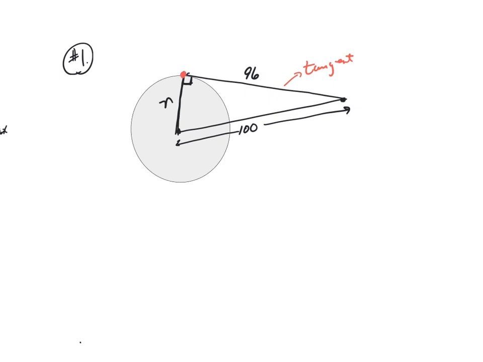So the radius and the tangent are drawn to the same point, and the theorem says that they're going to be perpendicular to each other. Okay? Well, if they're perpendicular to each other, then if I also draw the line from the outside point to the center, I create a right triangle.